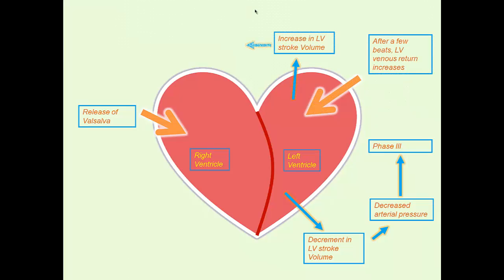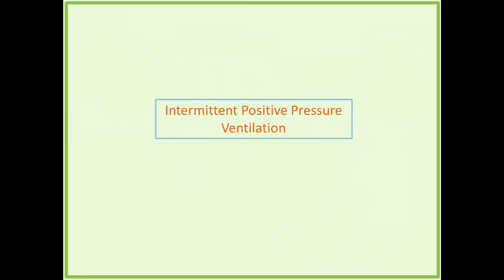And then just a couple of cardiac cycles later, as this increase in venous return makes its way to the left heart, you then increase your left ventricular stroke volume. There's increased arterial pressure, and some call this the overshoot phase, where you then have an increase in your arterial or aortic pressure and stroke volume, and then you return back to baseline.